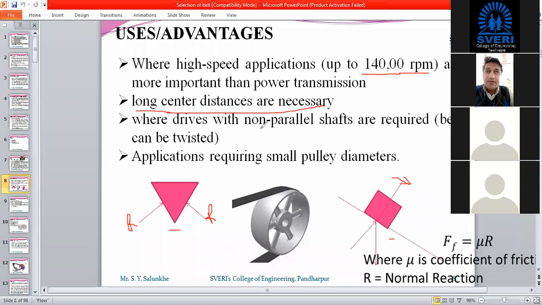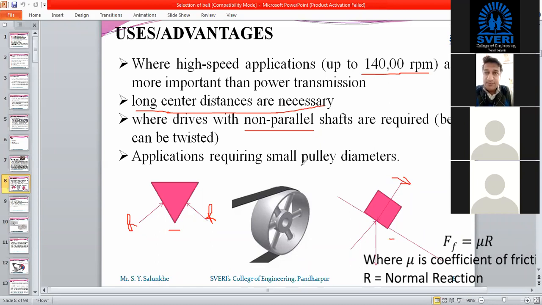And where drives have non-parallel shafts, that is, if there is some inclination in the pulleys or shafts where you want to transmit the power, in that case V belts are not preferable because they do not allow any change in the angular alignment of the pulleys. I have personal experience that when we had non-parallel shafts connected in one machine, I observed that the pulleys were not inline where the V belt was used.